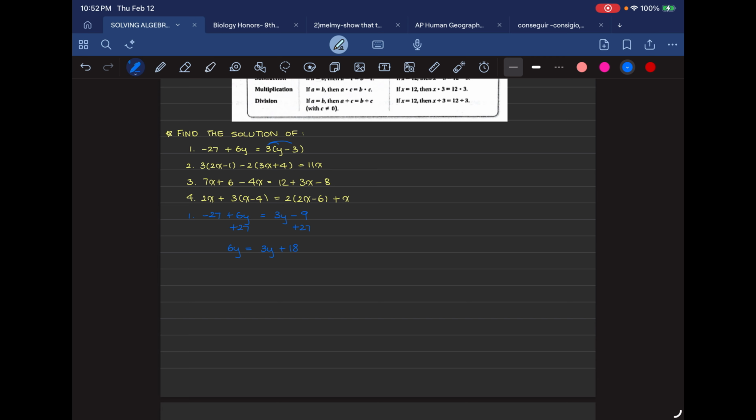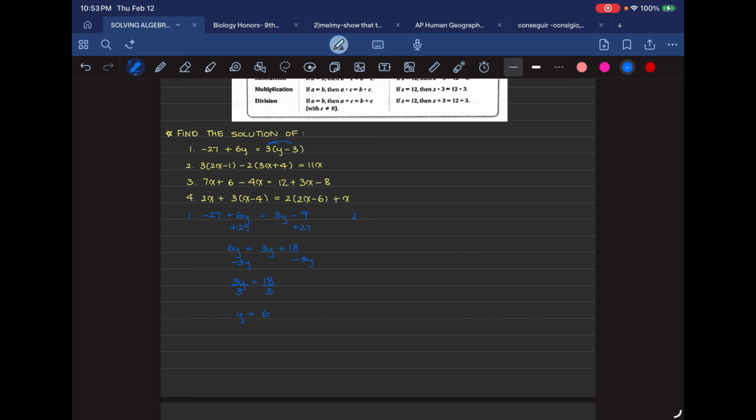And then we're going to subtract 3y on both sides, which is 3y equals 18. And so we're going to divide by 3 on both sides as well, which is going to be y equals 6. So this is our final answer for number 1.